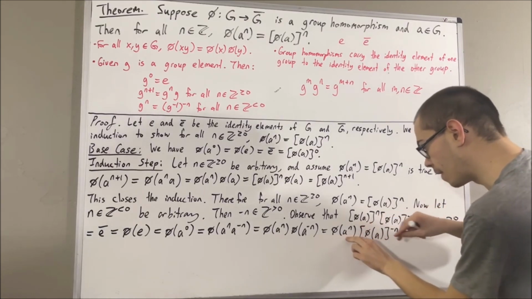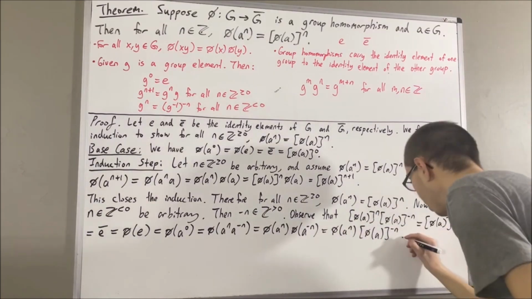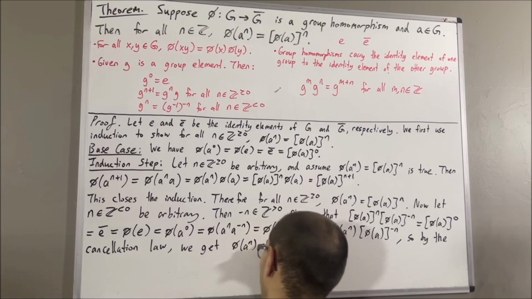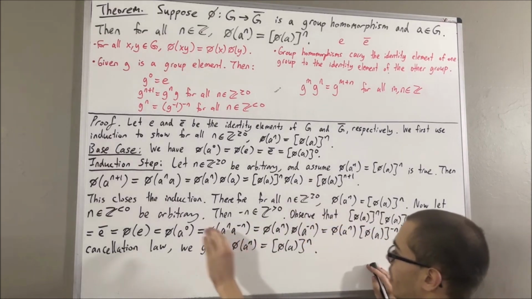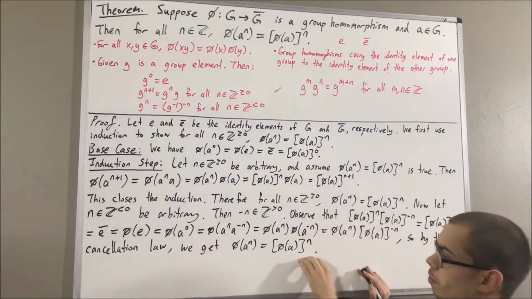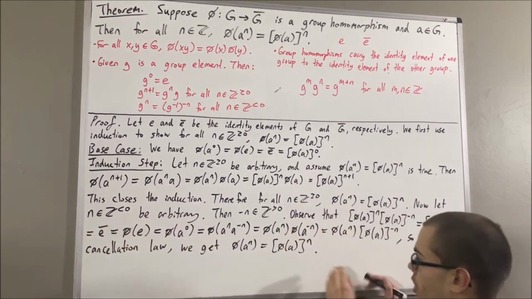We're left with phi of a to the power of n is equal to phi of a to the power of n. And so this shows, given an arbitrary negative integer n, this equality is true. So we have for all negative integers n, this equality is true.